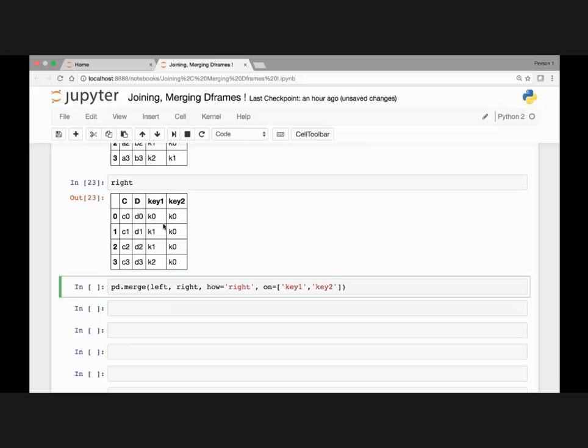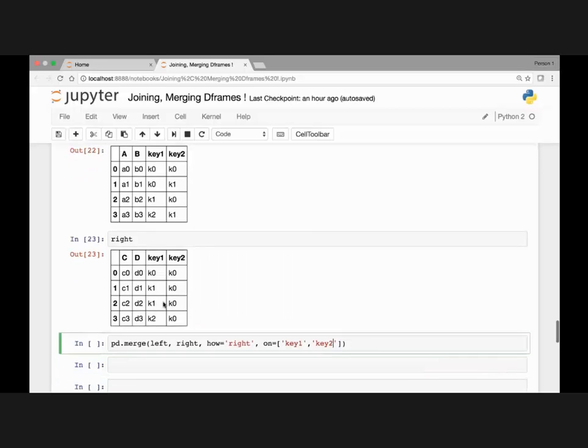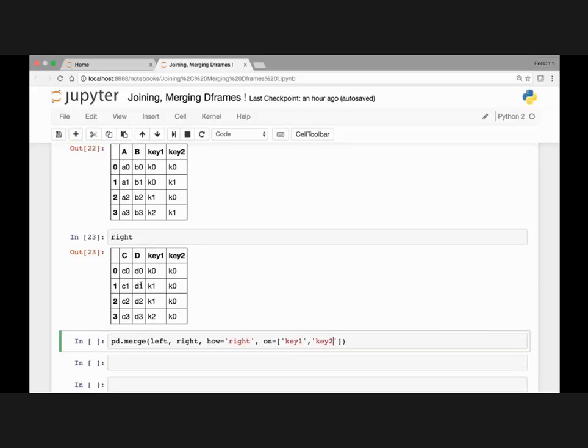Okay, the second key 1, key 2 combo in the right data frame is what? K1 and K0. Do we have that in the left data frame? K1 and K0. Yes, we do. So the second row will have the elements A2, B2, K1 and K0, and then C1 and D1.